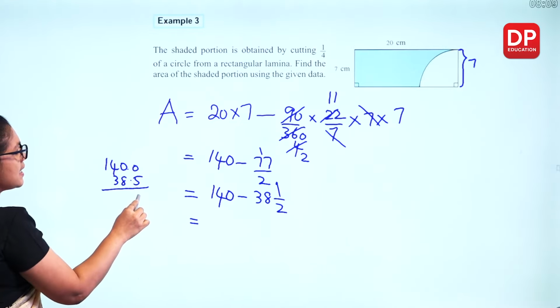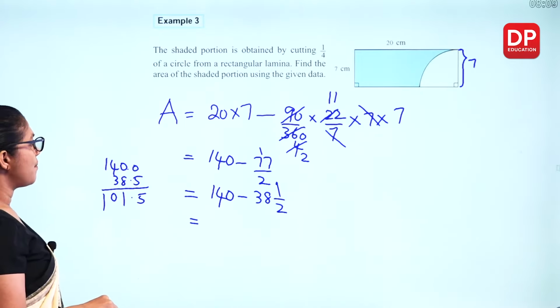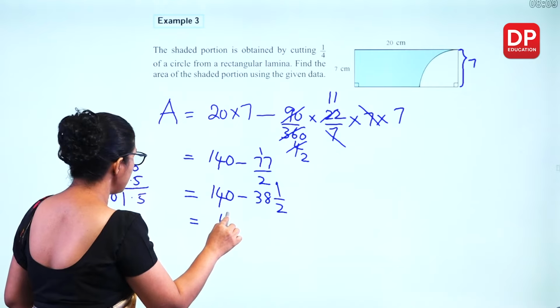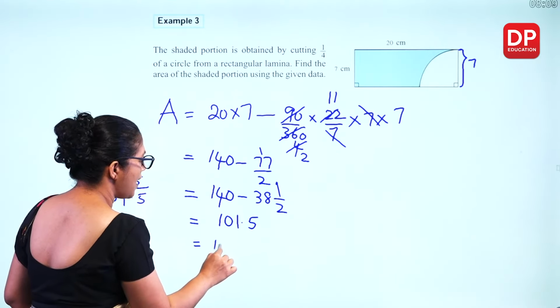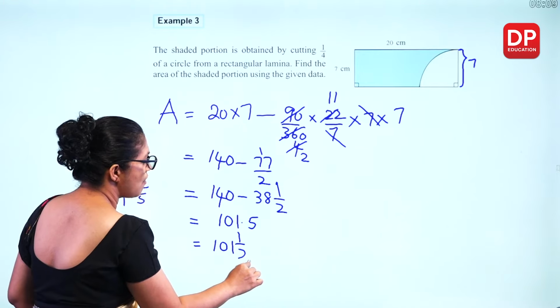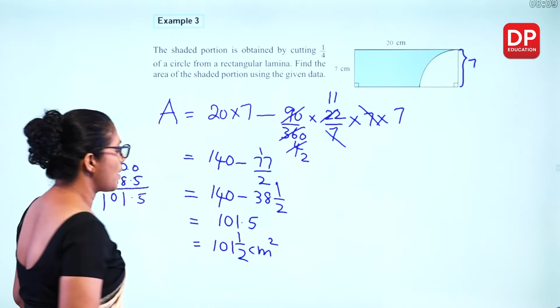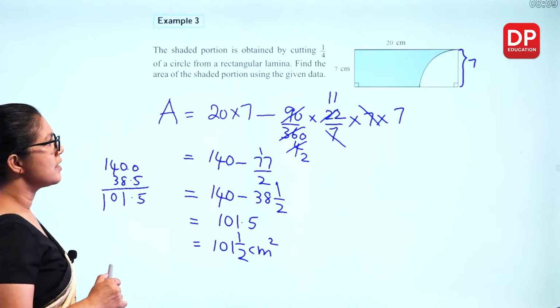So what do you get here? 9 minus 8 is 1, this is 0, 101.5. So here I can write this one as 101.5 centimeter squared for the shaded region.